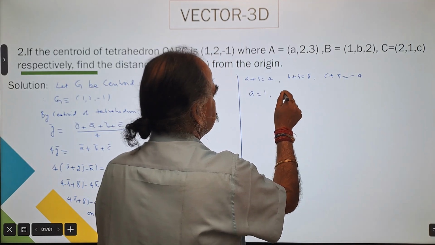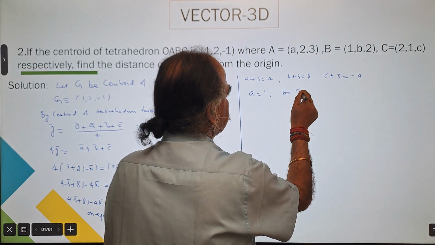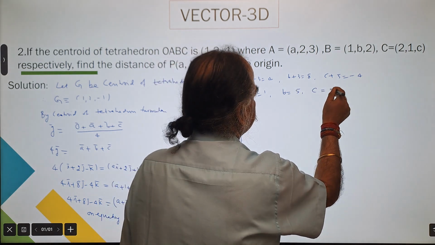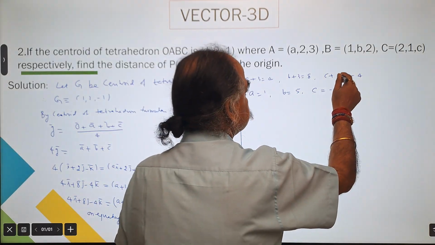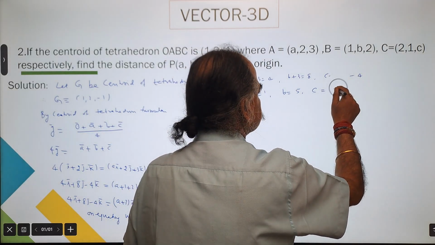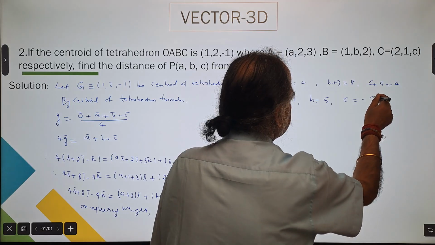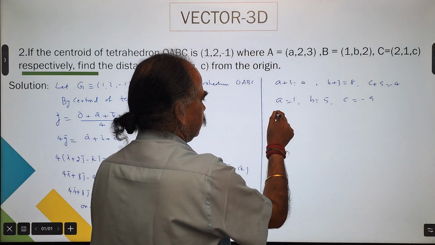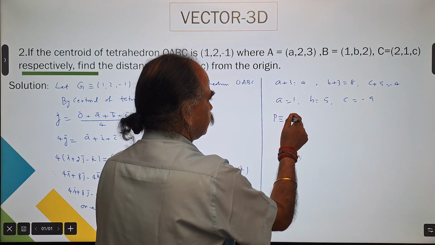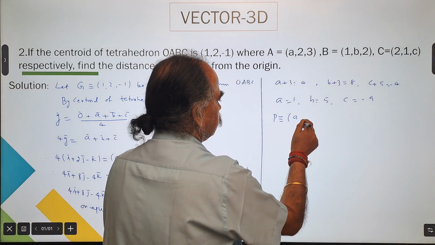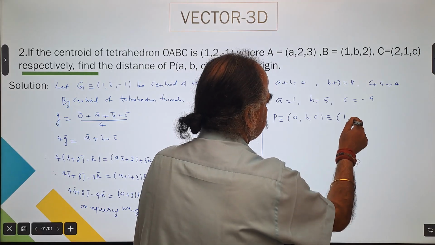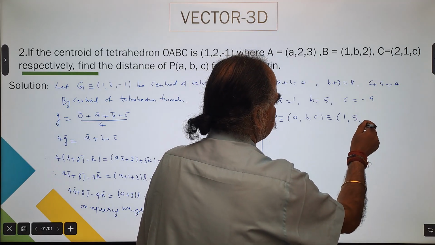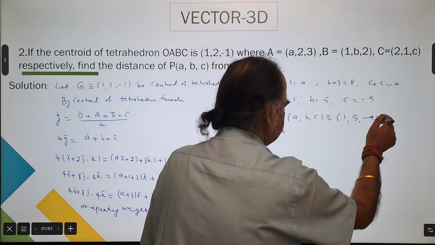A is 1, B is 5, C is minus 9. So P corresponds to (1, 5, minus 9).